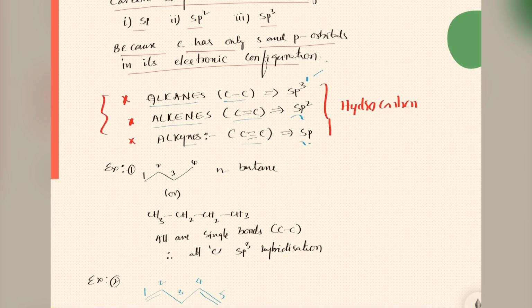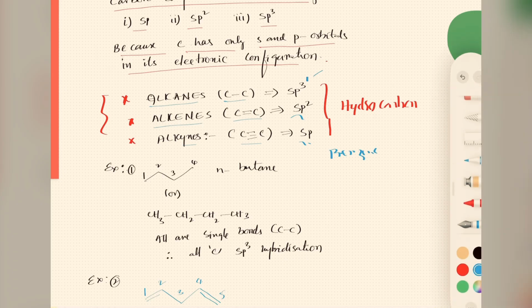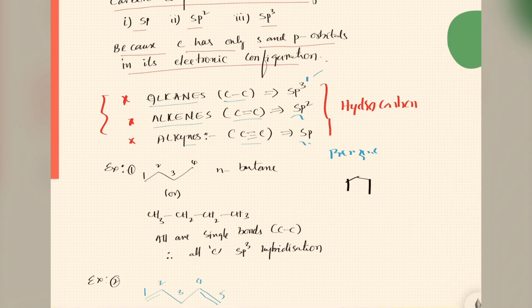One more important one is benzene. This is benzene, right? This benzene is involved in sp2 hybridization.